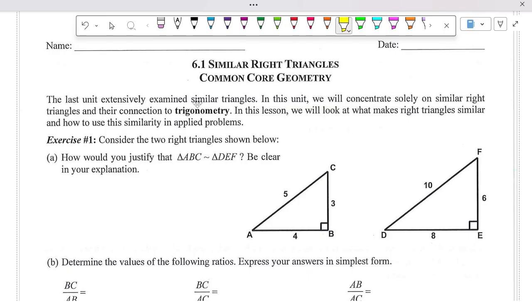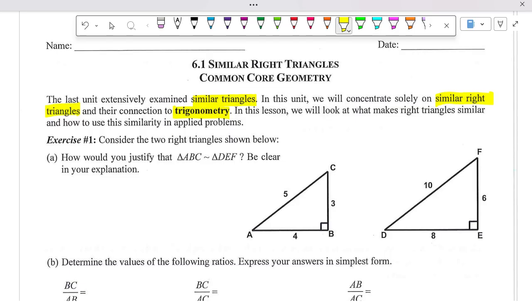So we examined extensively similar triangles before. Now we're going to look specifically at just the right triangles that are similar. So with similar triangles, we looked at triangles that were not necessarily right, just any triangle in its similarity. But now we're going to look at the right triangles. And the reason we are is because it has a very clear connection to trigonometry.